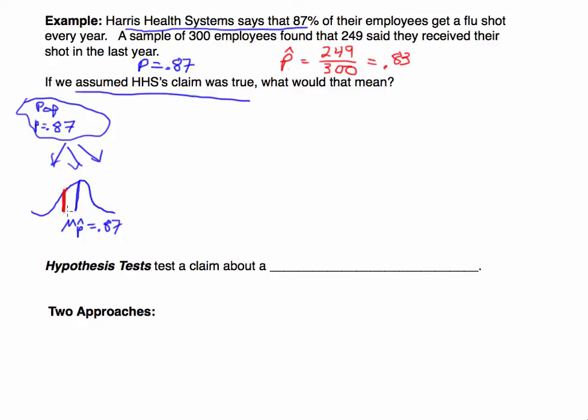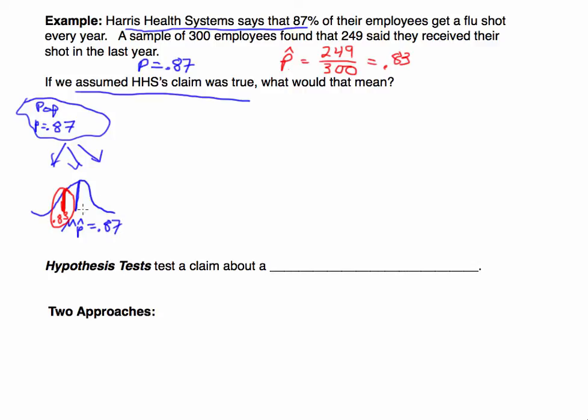What we can do then is calculate the probability that, if the proportion for the entire population was actually 0.87 and we got a sample of 0.83, what's the probability that we actually get 0.83? If it's very low, then we could probably conclude that the population proportion in this case is not 0.87.